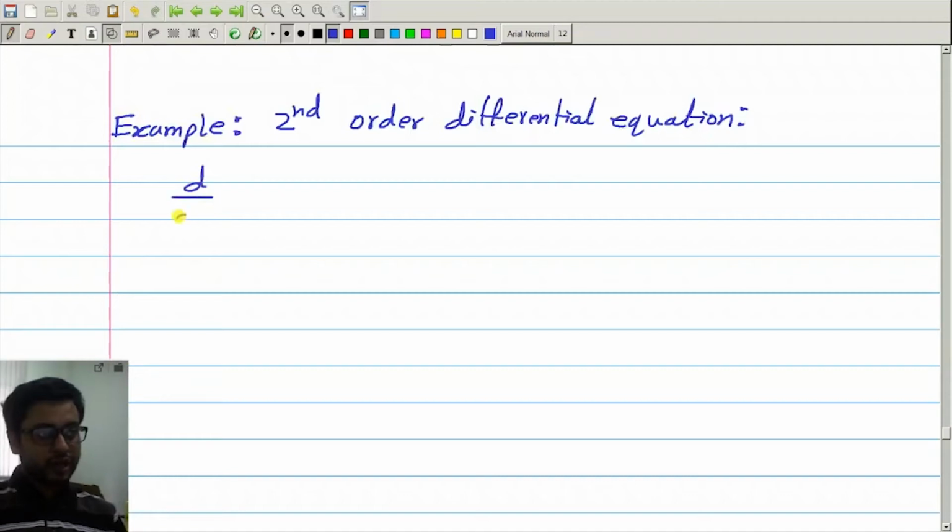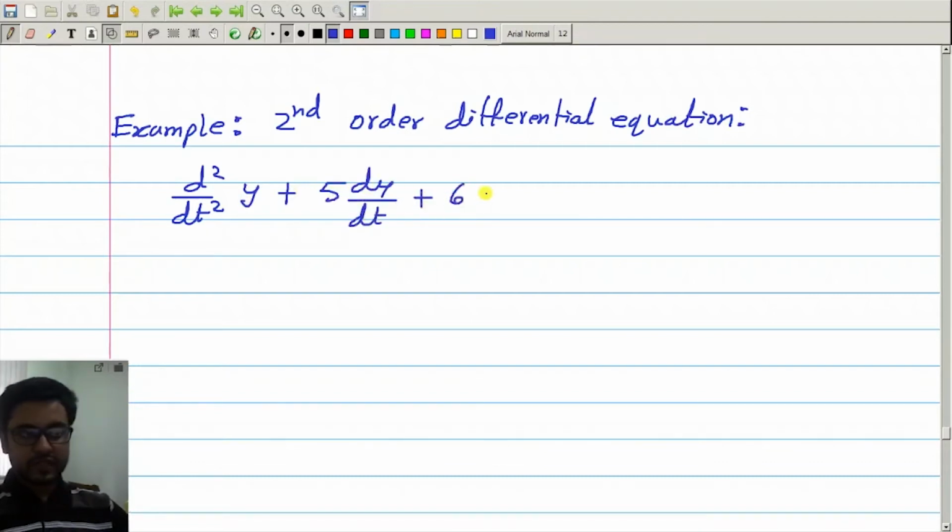Suppose we have a second order differential equation which looks like this, which you can also write like this.